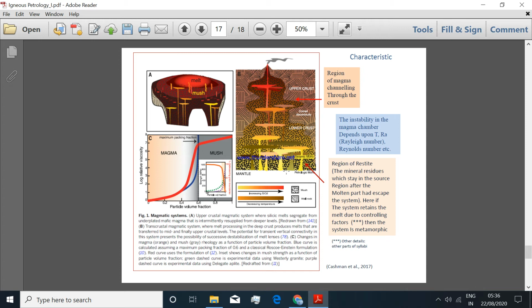In the mantle depths or the lower crust to mantle transition region, where the magmas are generated due to the Rayleigh-Taylor instability, these plume-like features develop because of the temperature as well as density contrast, and they try to ascend towards upper sections in the earth or to the lower crustal sections.